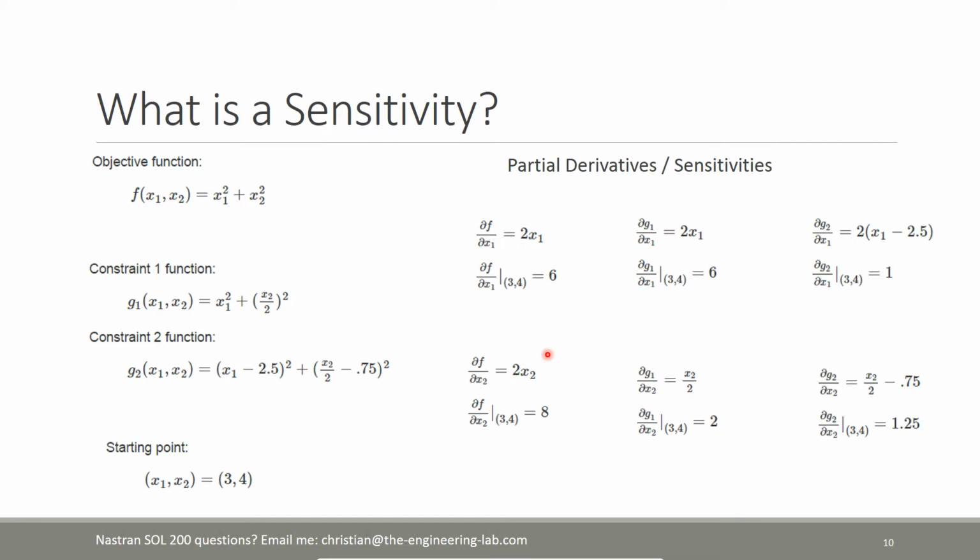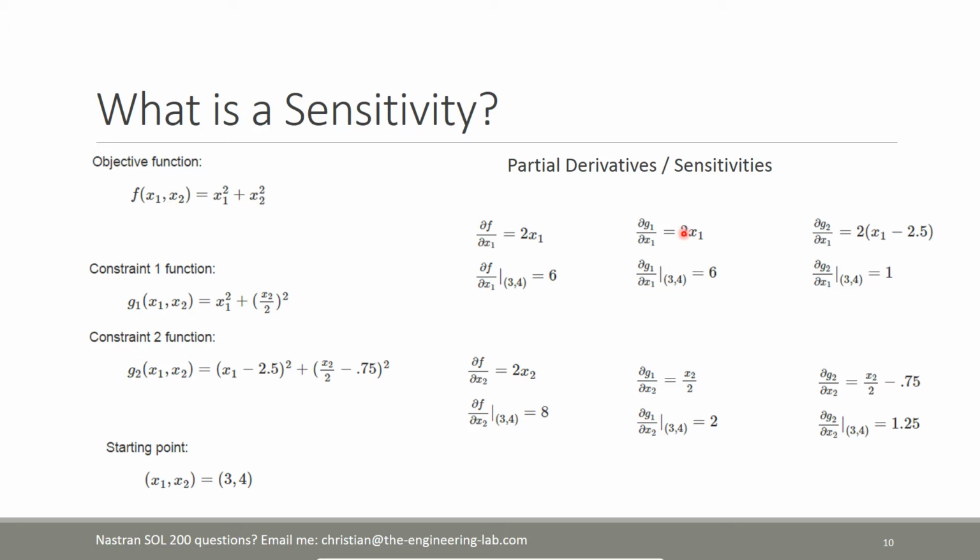Here on the right, I've gone ahead and calculated some of the partial derivatives or sensitivities of these equations on the left. Here I've calculated the partial derivative of f with respect to x1. Here I have 2 times x1, I plug in 3, 4, and I get a gradient or sensitivity of 6.